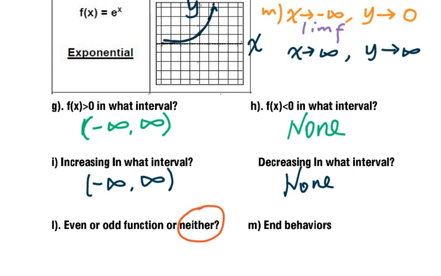Limit of f(x) as x goes to negative infinity is equal to 0. Limit of f(x) as x goes to positive infinity is equal to positive infinity.